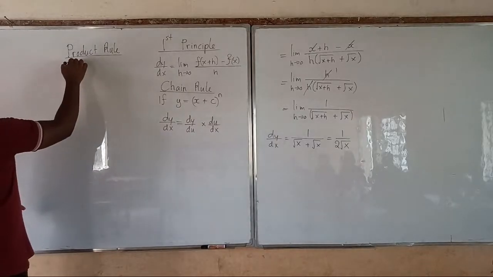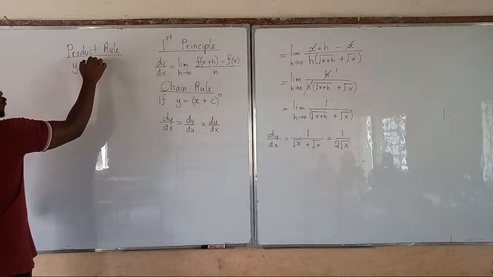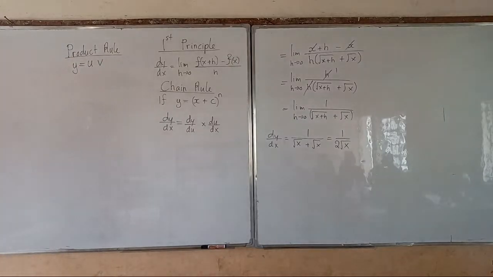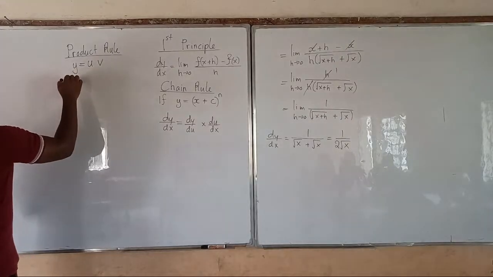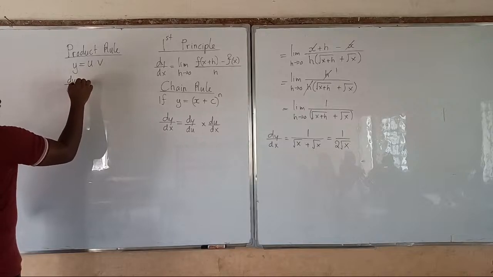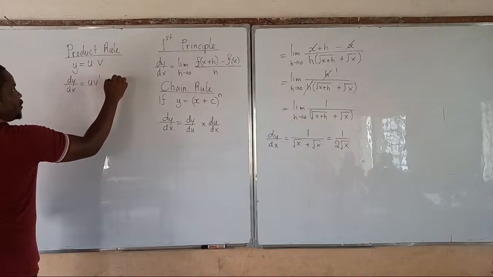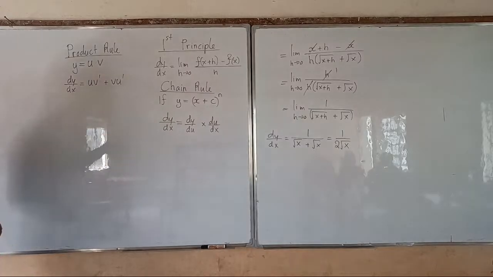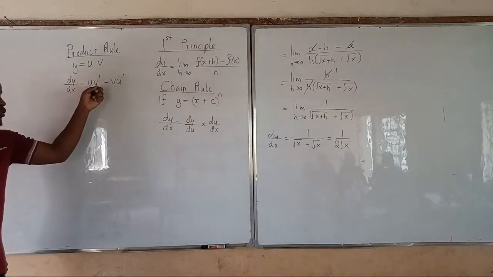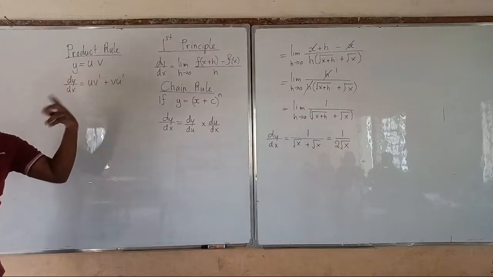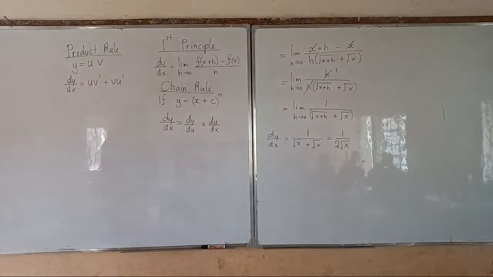For example, if the function y is equals to u times v, meaning that the function u is multiplying with the function v, then dy dx will be equals to u v prime plus v u prime. When you say v prime, you simply mean v differentiated. When you say u prime, it's u when it has been differentiated. So that's the formula. The next one is the quotient.